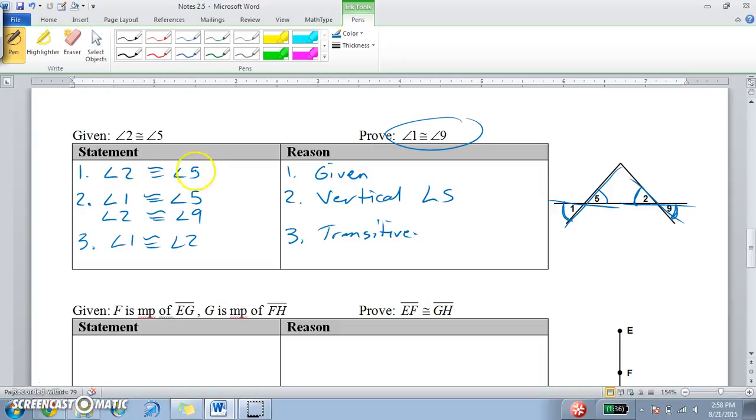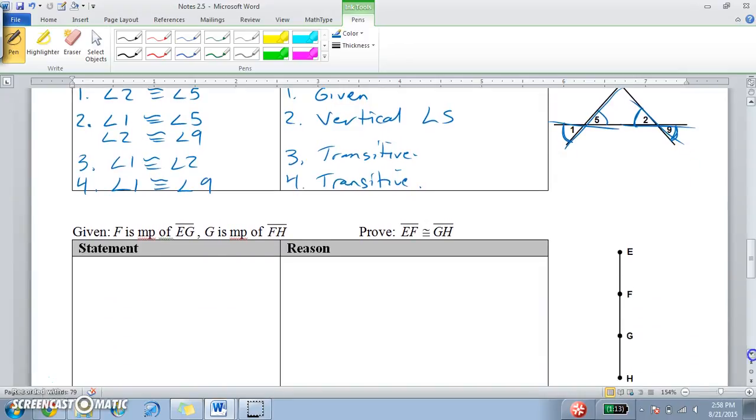So 1 and 2 are both congruent to 5, 2 congruent to 5, 5 congruent to 1, therefore 1 is congruent to 2. Similarly, if 1 is congruent to 2, 2 is also congruent to 9. Therefore 1 must be congruent to 9, which is what I'm trying to prove. That is also just another example of the transitive property.